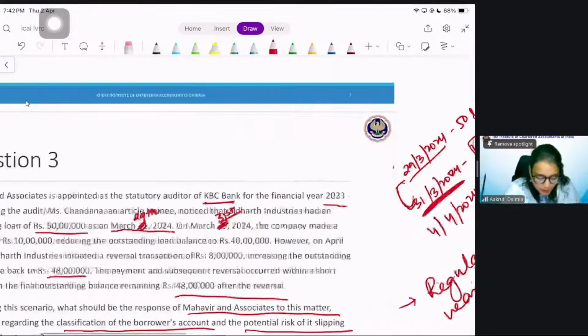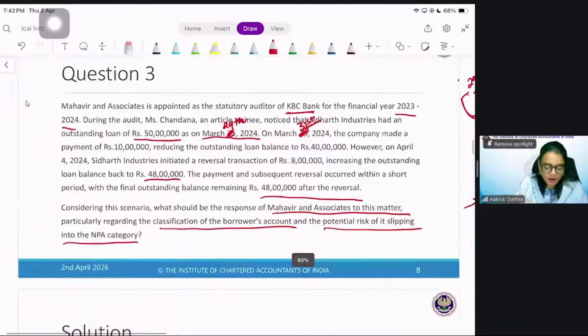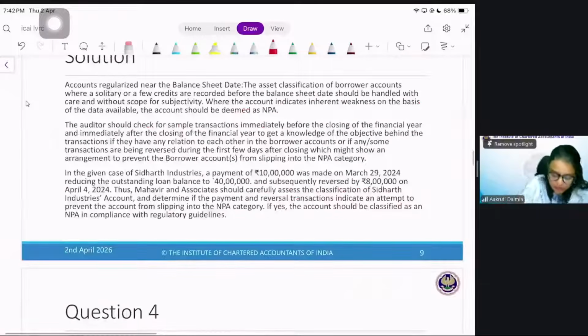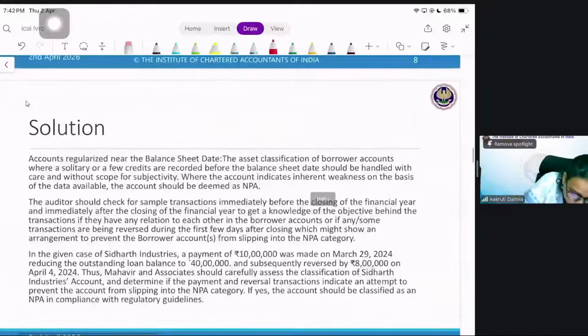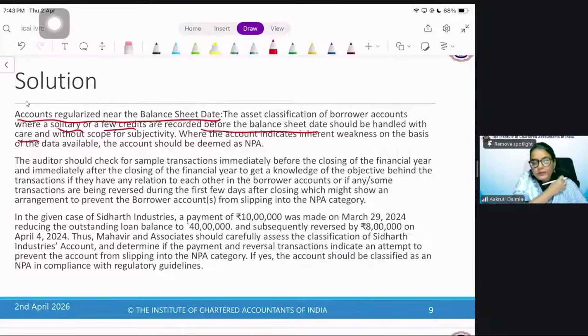So if you see in your book, it is a direct question that is given in the book as accounts regularized near balance sheet date. Asset classification of borrowers, where a solitary or few credits are recorded before the balance sheet date, should be handled with care and without the scope for subjectivity. Where the accounts indicate inherent weaknesses on the basis of data available, the account can be deemed as an NPA.